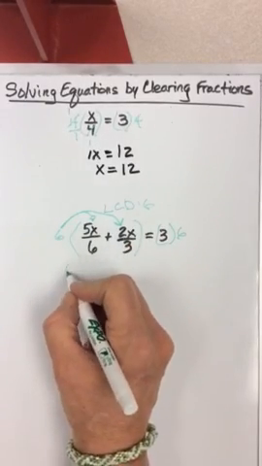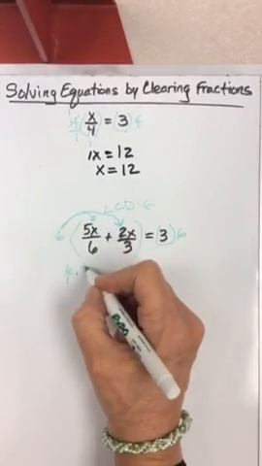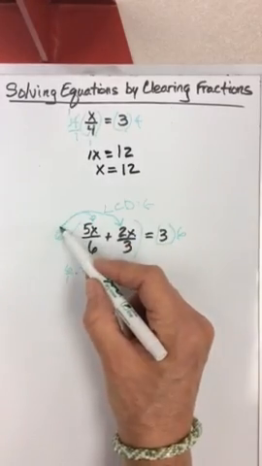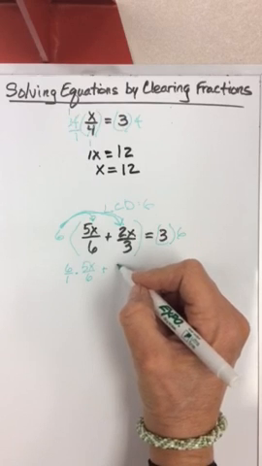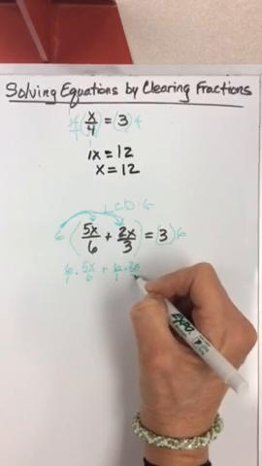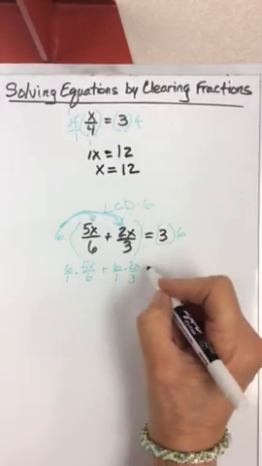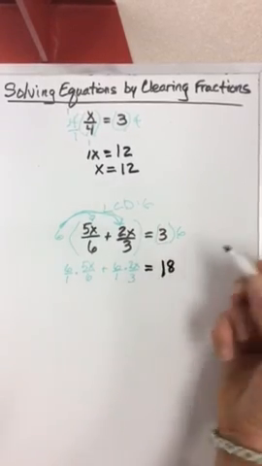So I'm going to say that 6 over 1 times 5x over 6 plus 6 times 2/3 x, or 2x over 3, would be 6 over 1 times 2x over 3. And then the right is already ready to go for us. We can go ahead and say that that's 6 times 3, which is 18.